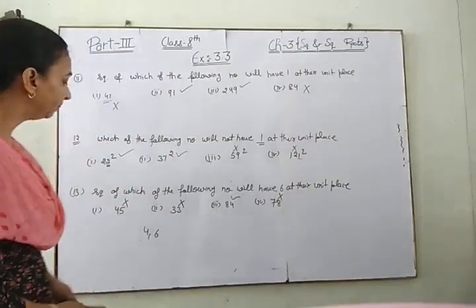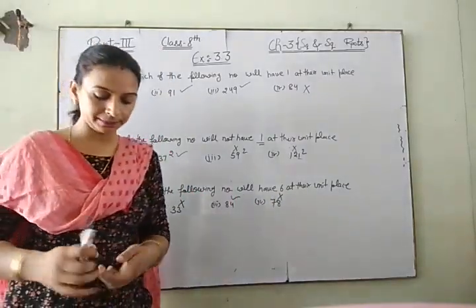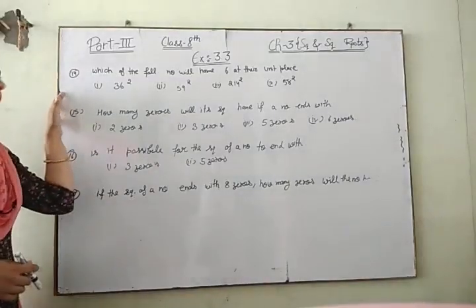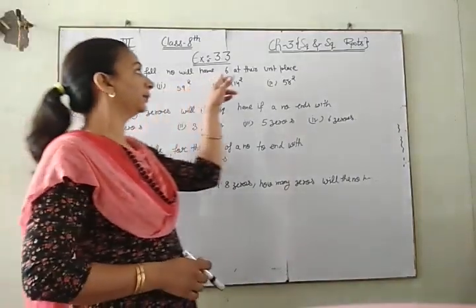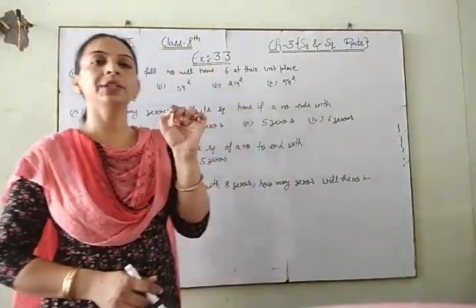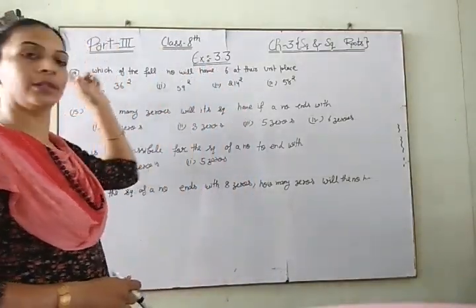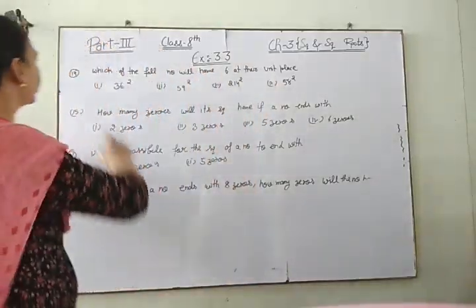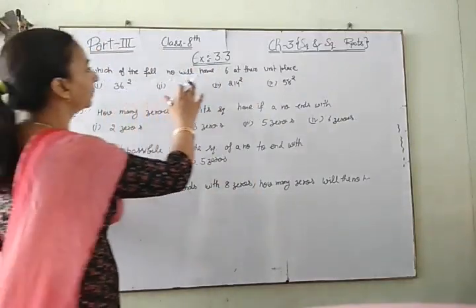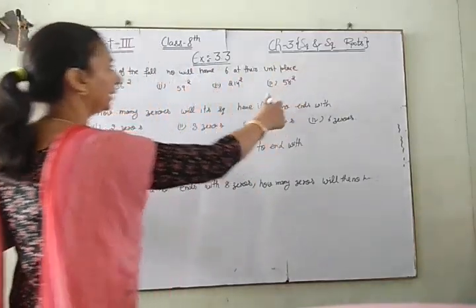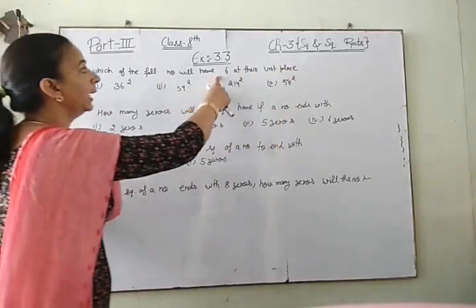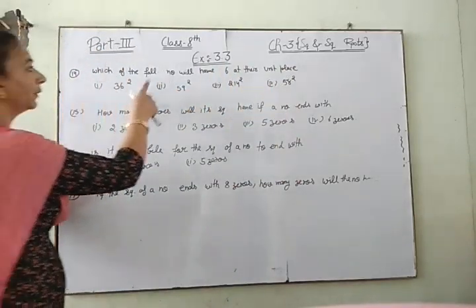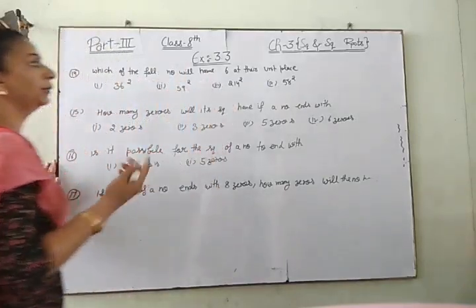Okay, next we take the next question. Question number 14. Student, in question number 13 we found the number that does not have 6 at the unit place, but in question number 14 we find the number that has 6 at the unit place. I hope you understand. Question number 14, which of the following numbers will have 6 at their unit place?